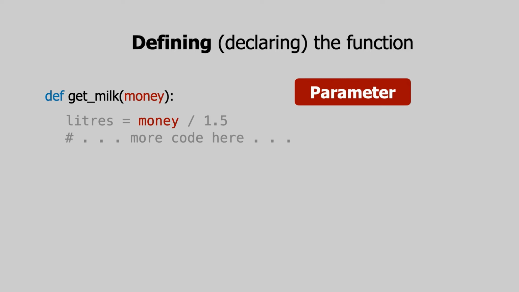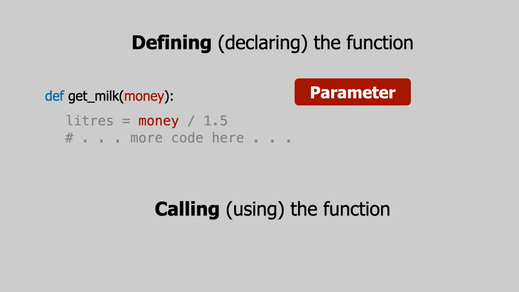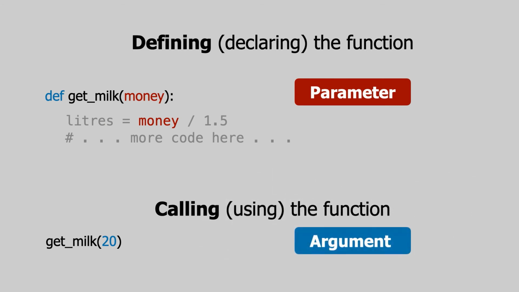As in, getMilk has one parameter called money. When we call the function, we must provide a value to this parameter. In this case, we must provide a number, and that number is going to be 20 when I call this function. The value that is passed to a function is called an argument.